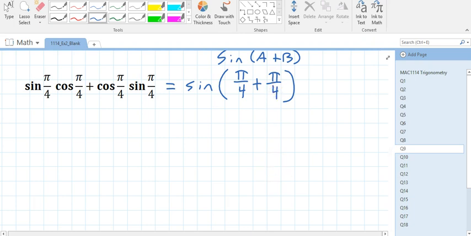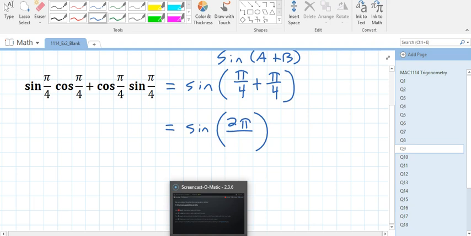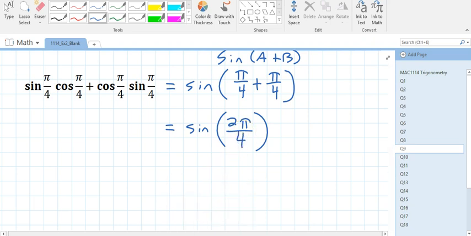Okay? So what do we get when we add pi over 4 and pi over 4? 2 pi over what? Over 4. Don't change your denominator. Don't add the denominators. It's not 8. It's 4. And then what does that reduce to?